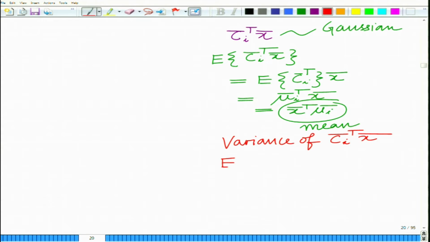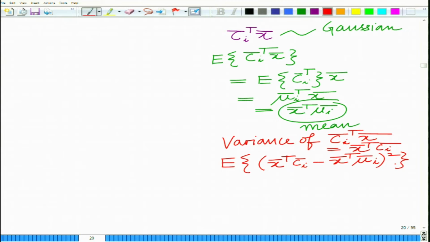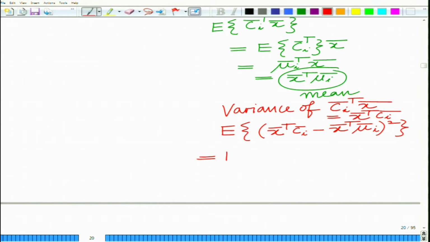Now, what is the variance? The variance is the expected value of the random variable C bar I transpose x bar, which you can write as x bar transpose C bar I, minus its mean, which is x bar transpose mu bar I, whole square. Now, I can write this as the expected value of x bar transpose times C bar I minus mu bar I, whole square.